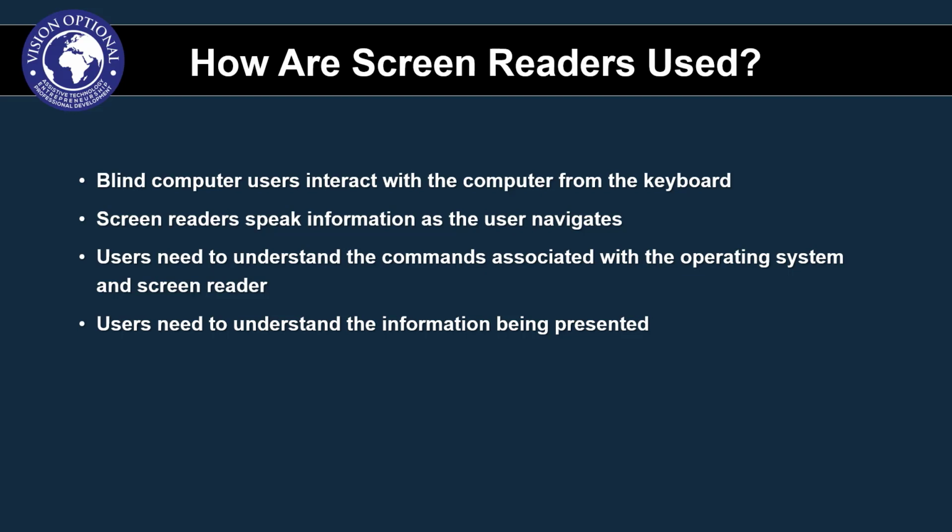The second thing is the screen reader is going to give us information based on what we're doing. So if we're navigating or performing a command that is looking for specific information from the screen reader, it's going to give us that information. So we need to understand how to move around the computer and the commands associated with the screen reader. But the most important thing is to be able to comprehend the information that the screen reader is giving you.